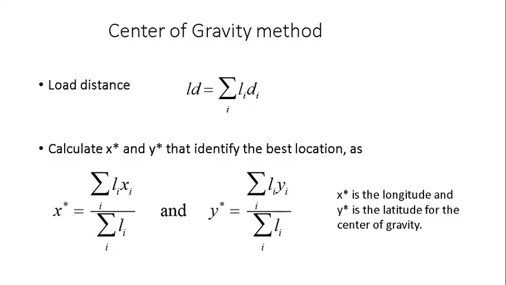So in order to find the ideal location, assuming that we're speaking about a single facility location, finding only one location, what we're looking for is the x star and y star. And as you can see here, we add the products of load and x coordinate, load and y coordinate, and we divide those by the sum of the loads. Let's just try an example to figure out how all this works together.